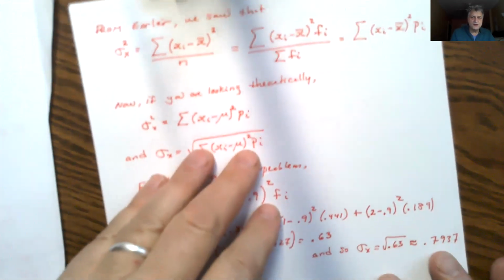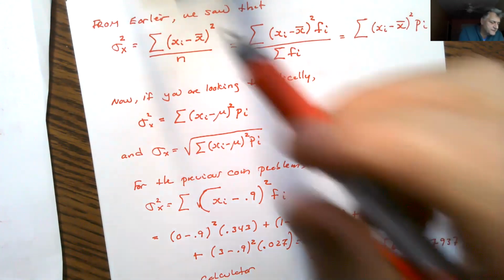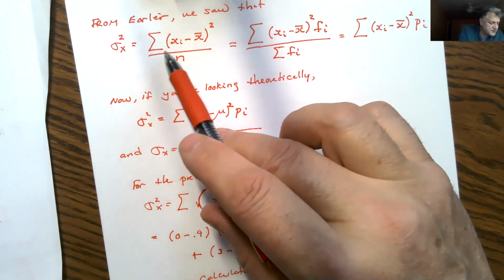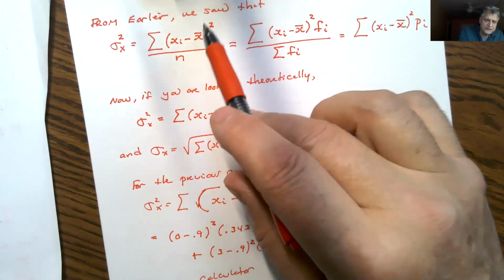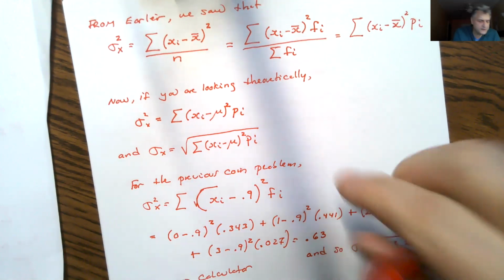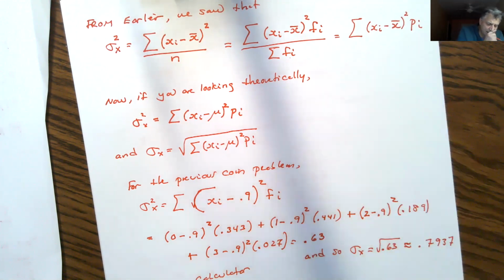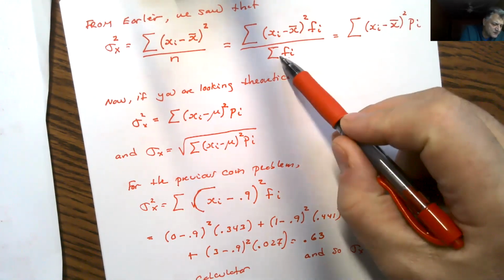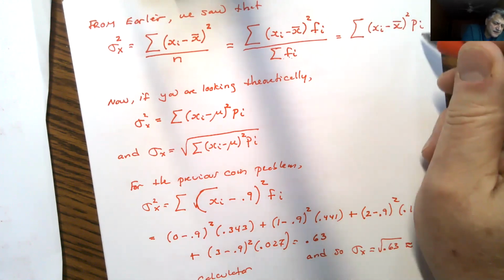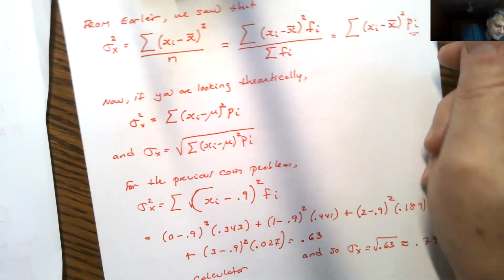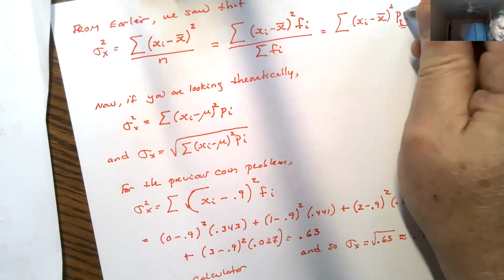All right. We also had a formula for standard deviation before. Well, this is the variance here. The variance is that we had the sum of x_i minus x bar, whole thing squared over n, where n is the sum of all the frequencies. And again, this f_i divided by the n here, I call that p sub i, that's not pi, that's p sub i, which is a relative frequency.